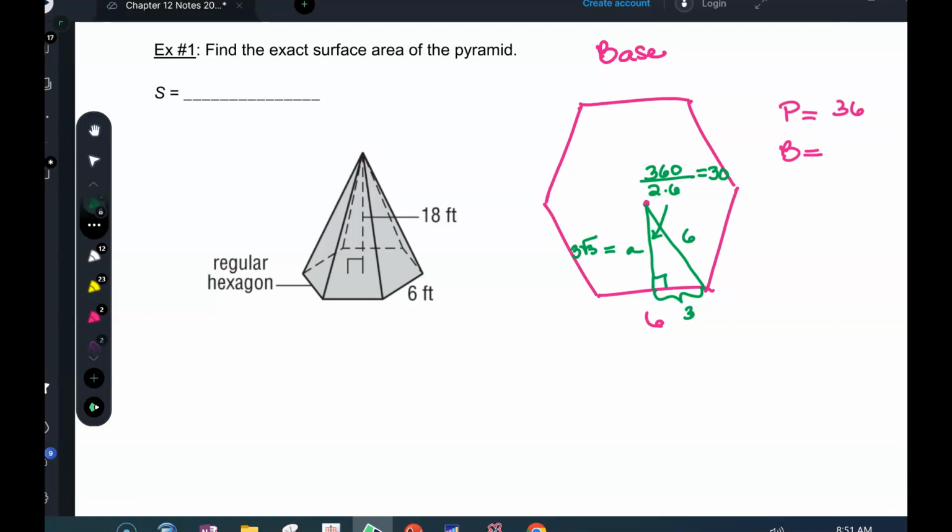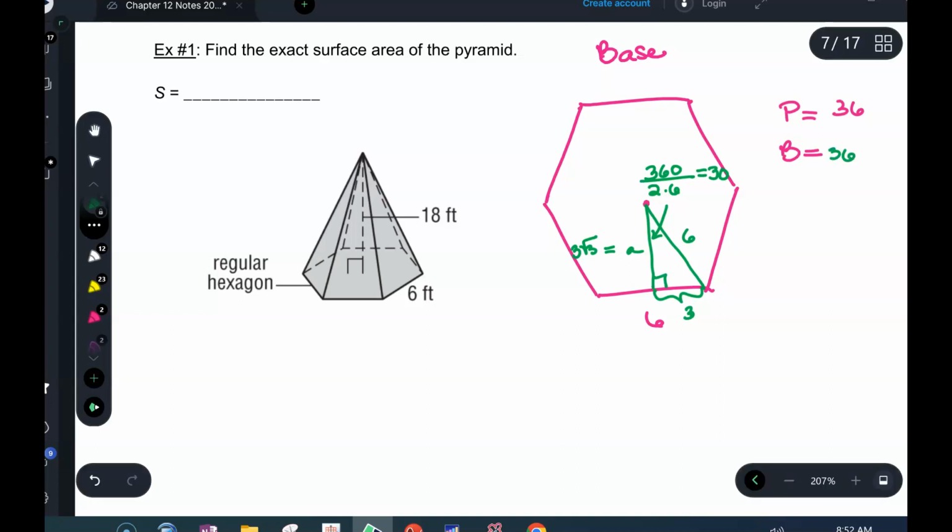Okay, for the area of the base, we need what formula? If it's a regular polygon, it's 1/2 perimeter times apothem, or perimeter times apothem divided by 2. The perimeter we already found was 36.